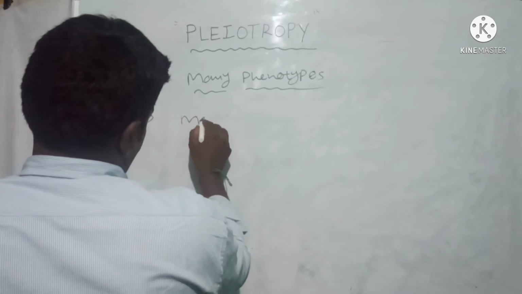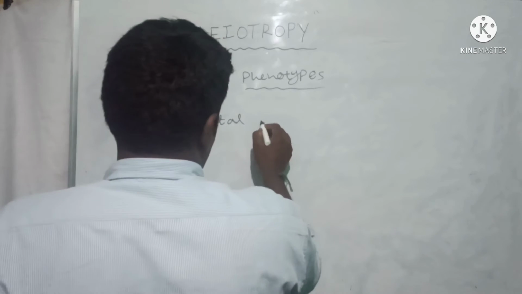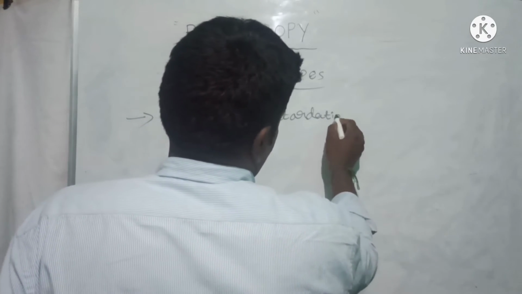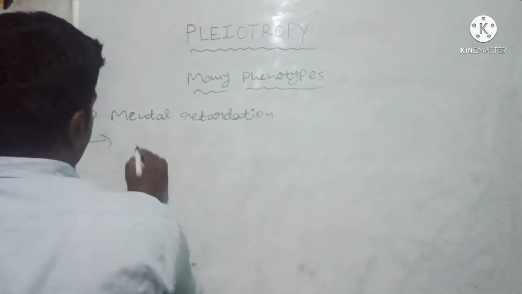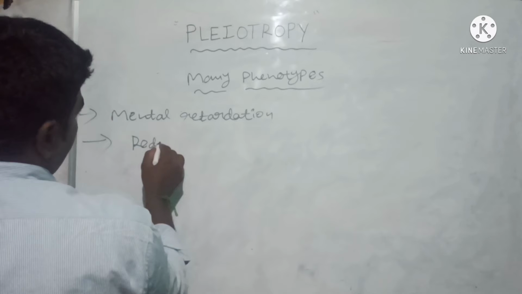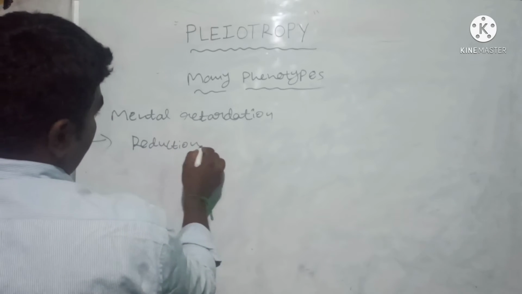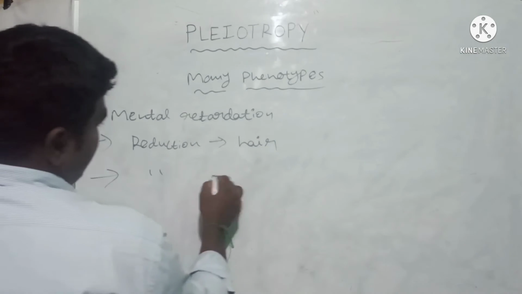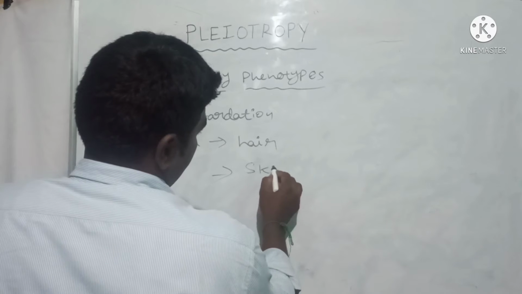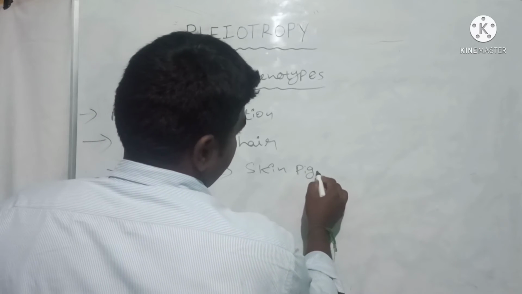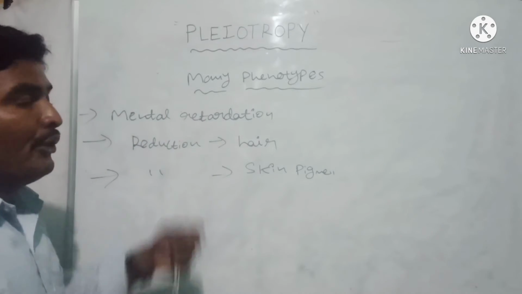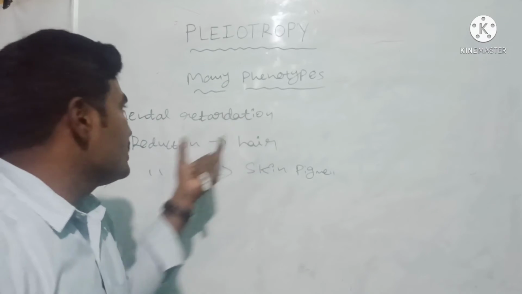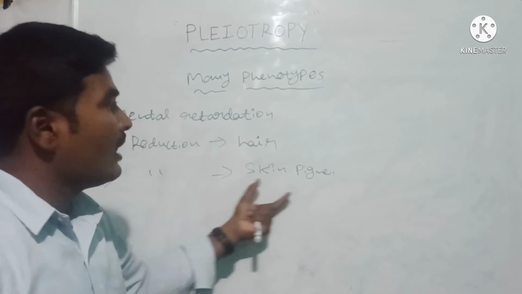What are those? Mental retardation, reduction of hair, and reduction of skin pigments.